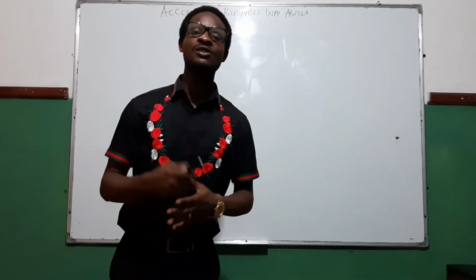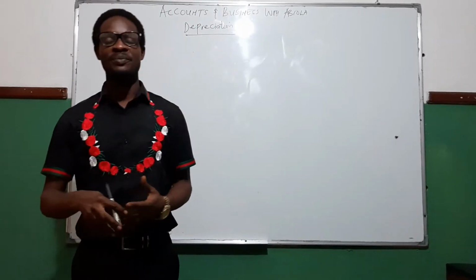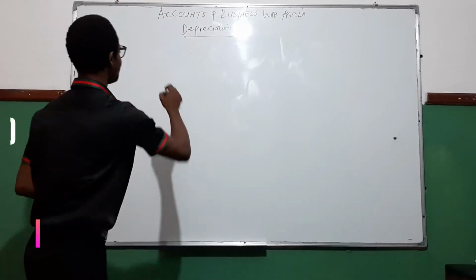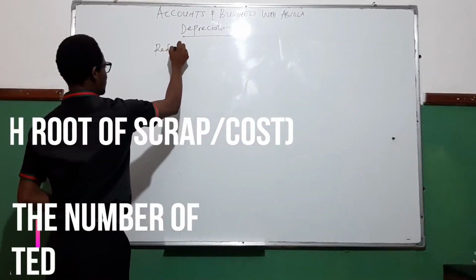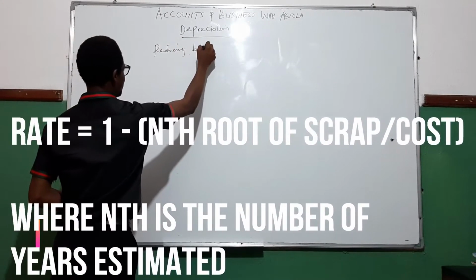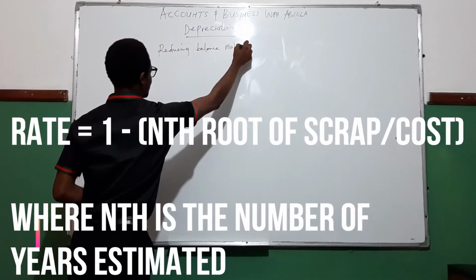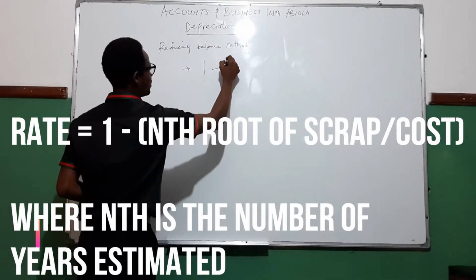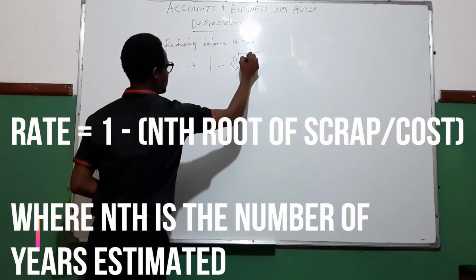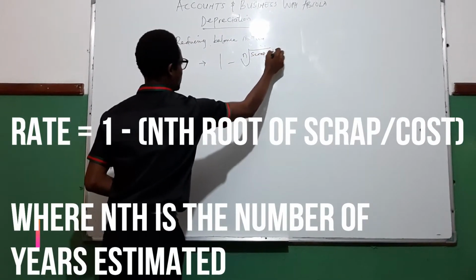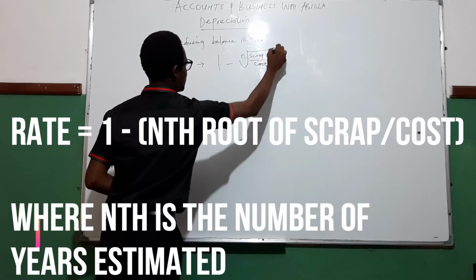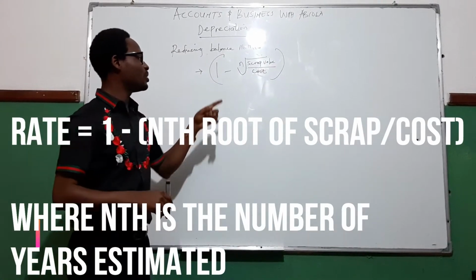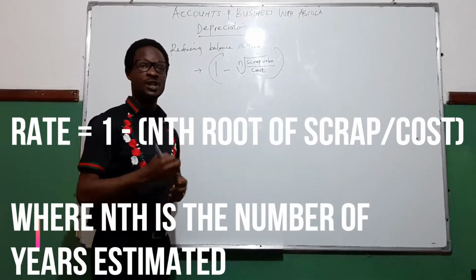However, if a business does not have a fixed rate, the formula to use to get the rate is one minus the nth root of scrap value over cost.